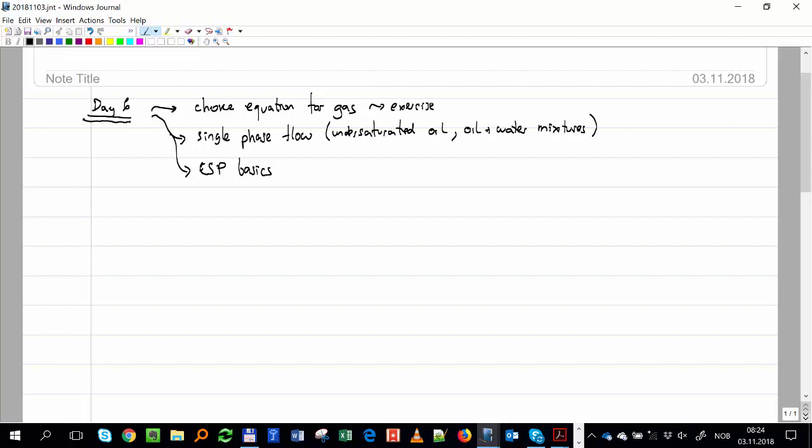Later today, we are going to go to single phase flow, which is useful when you have only oil or oil and water mixtures. I'm going to make a small comment on that, and we're going to have an exercise on this. And then if we have time, I'm going to introduce a bit about ESP, which stands for electric submersible pump.